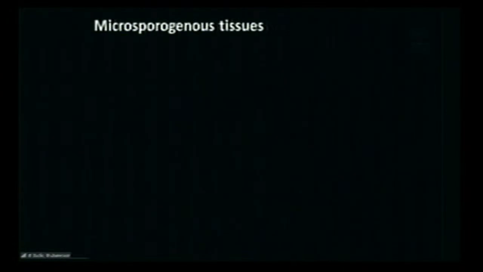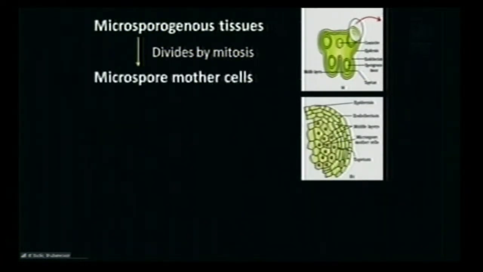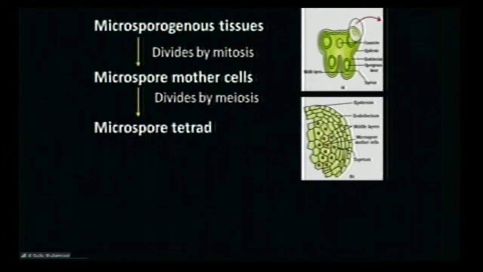See, the microsporogenous tissues, as you see here, by mitosis they have increased their number. Then after that, microsporogenous tissues divide by meiosis to form microspore mother cells. Is it clear? So microspore mother cells divide by meiosis to produce microspore tetrad.